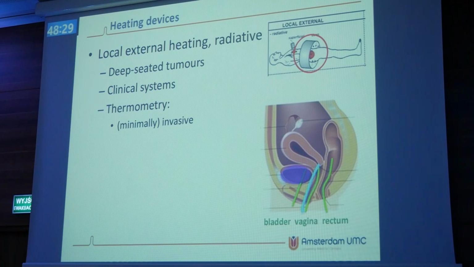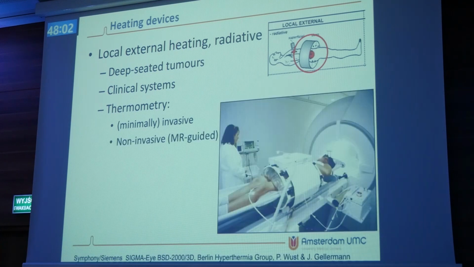And with regional hyperthermia, you of course also need to verify what the temperature is. That was traditionally done by minimally invasive thermometry, so minimally referring to the fact that you're utilizing already existing cavities in the patient in order to put in thermometry probes, like bladder, rectum, and if applicable, vagina.